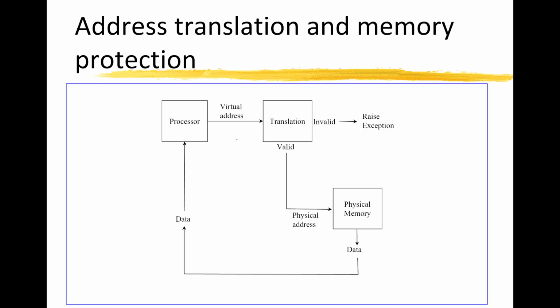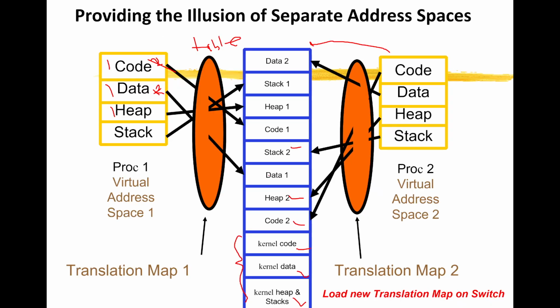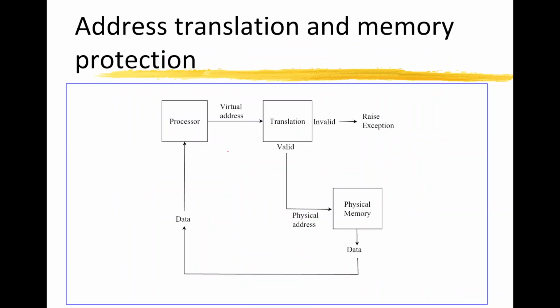So now the question we have is address translation and memory protection. How do we address all the locations so that despite the fact that they are scattered, how do we make sure that one process does not have an issue with another process? So this is how it works. The processor issues its request for a virtual address. All right, the virtual address is received and is being checked.